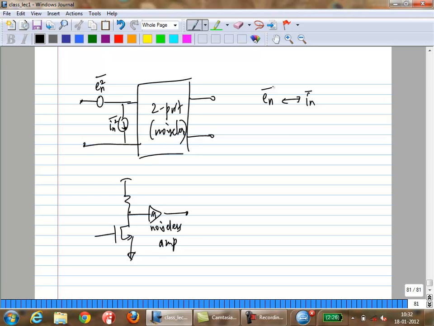And when you try to calculate En and In, you'll find that there are components from the same noise source inside appearing in both En and In. Okay. So what that means is, in general, En and In are going to be correlated. Okay, partially correlated. Not completely correlated, so let's say partially correlated.